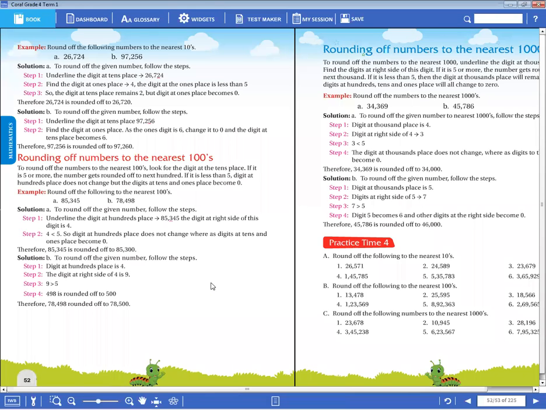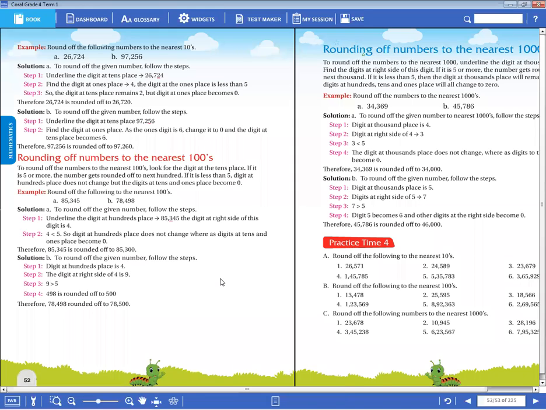Understood? Now have you cleared, dear children? No, it's the wrong answer. Please note down the question, then after that I will tell you the steps. Now 26,571 is there. The question they have given is to find the nearest tens. Tens means you have to underline the tens first of all.